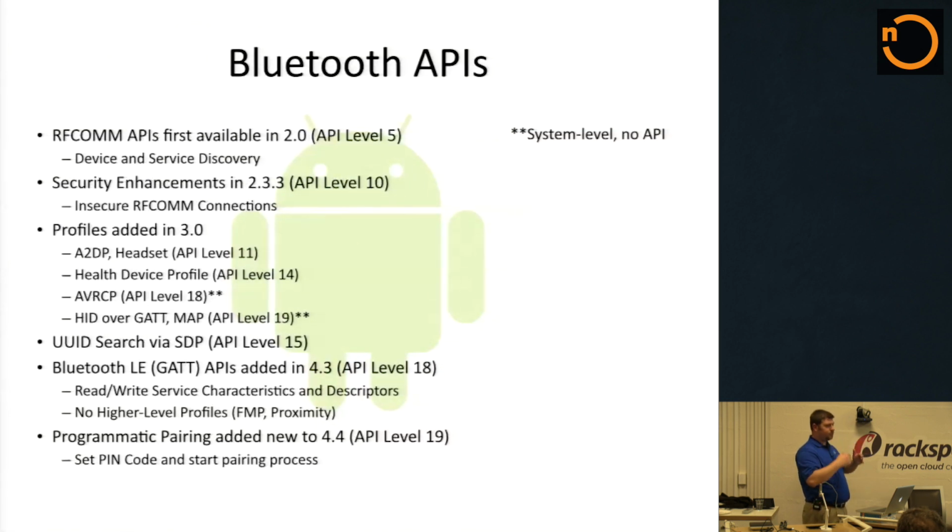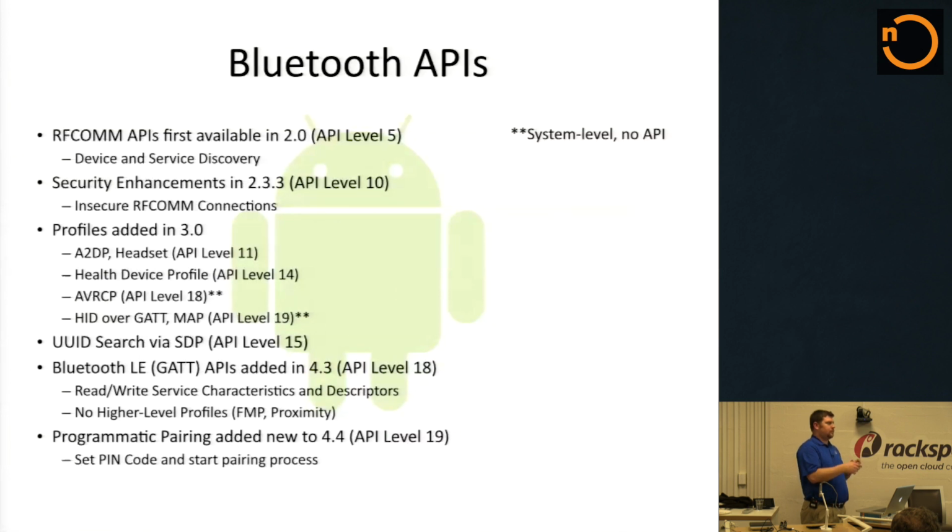The APIs associated with these are pretty thin. Really beyond determining that these devices are connected and maybe doing some basic introspection of them, there's not a whole lot there. So these were really more things they added for platform level support than to help developers out in any way. But those have kind of evolved over time, even all the way up to KitKat, where they added the HID over GATT or HOGP profile and the message access profile.